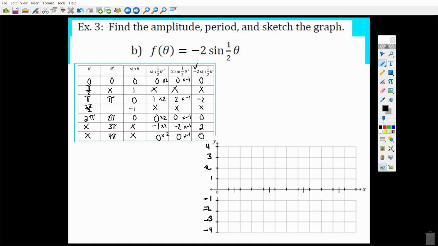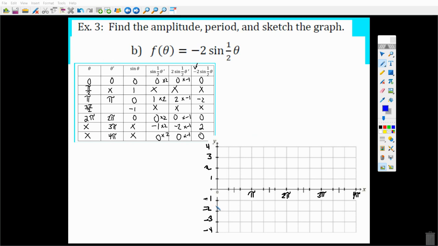This next number is going to be pi. And then we have 2 pi. And then we have 3 pi. And then we have 4 pi. Oops, wrong place. 4 pi is over here. Four pi.